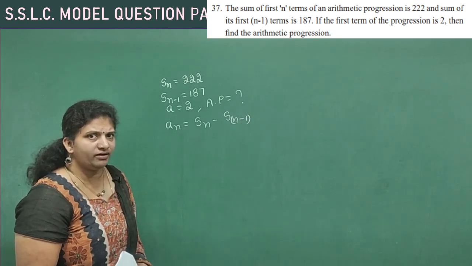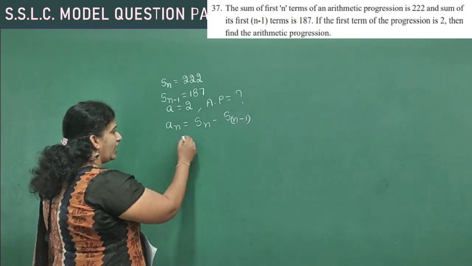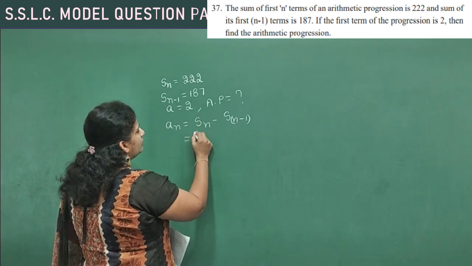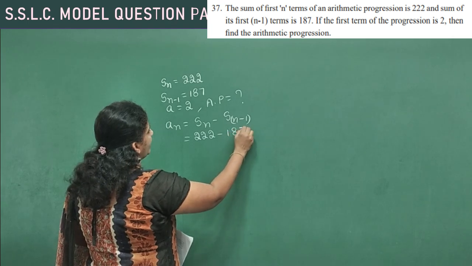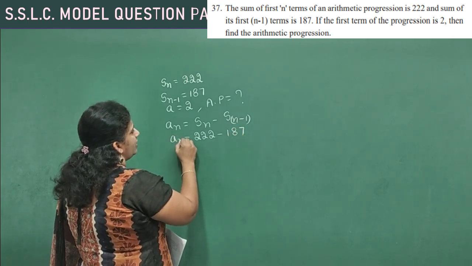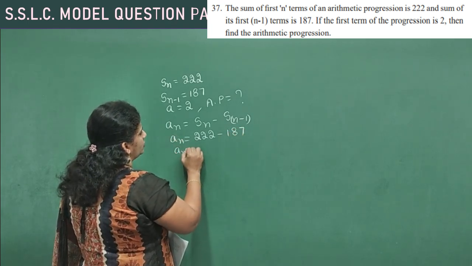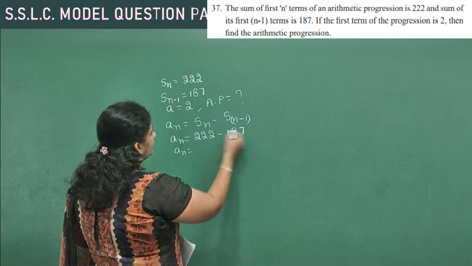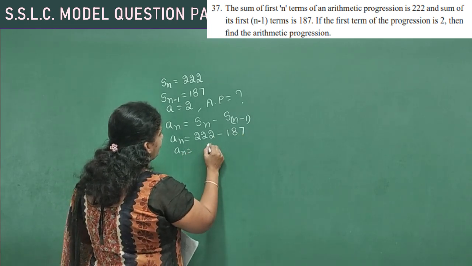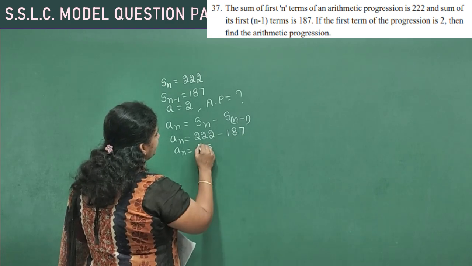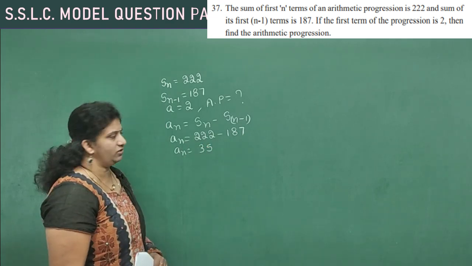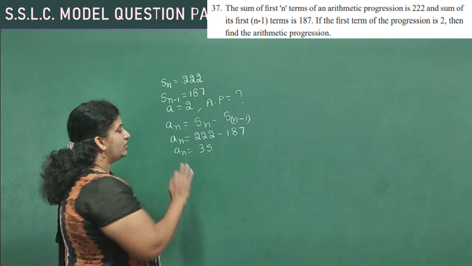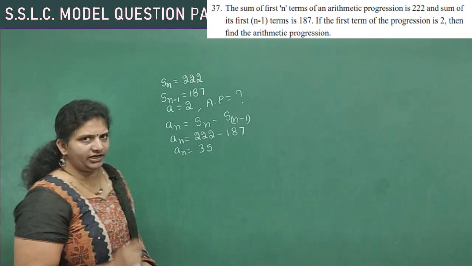Do you remember? Yes. So now substitute that: 222 minus 187. An is equal to, subtract these two: 12 minus 7 is 5, 11 minus 8 is 3, and 1 minus 1 is 0. 35. I got the nth term as 35.